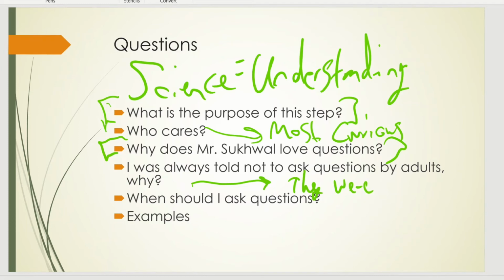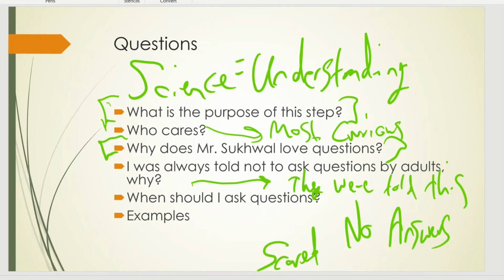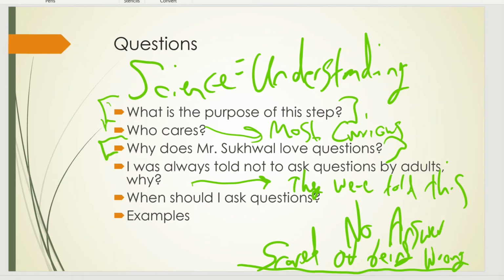And that's not a bad thing. Everybody's always learning. Nobody's perfect. But that's probably the main reason why they told you not to kind of ask questions to them, because they didn't know. And that's okay. But here, you ask questions. That's just what we do. They're scared of being wrong. Nobody likes being wrong, but adults, for some reason, are very afraid of being wrong.